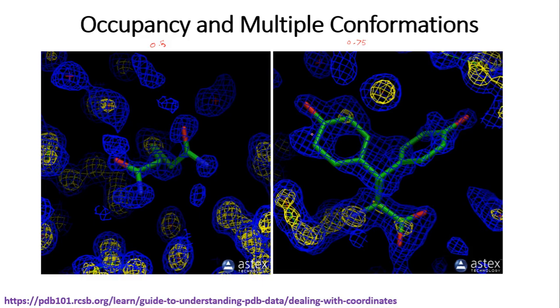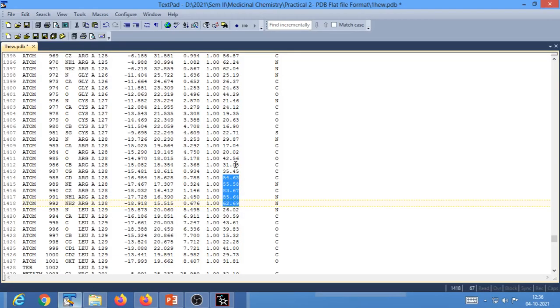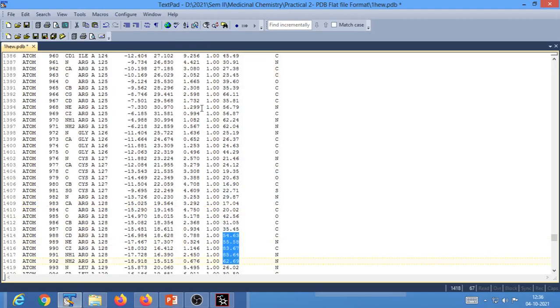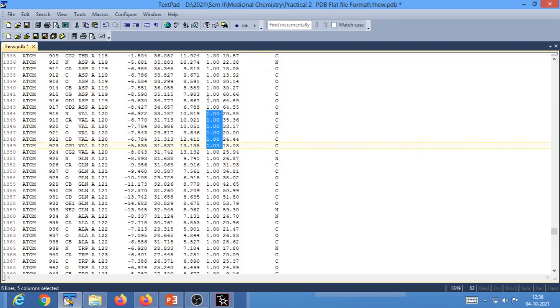Okay, so in this way, the occupancy of this particular set of atoms is 1. That would indicate that all of these atoms have the same position in all of the molecules present in your crystal.